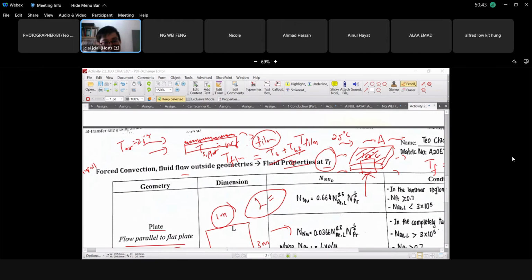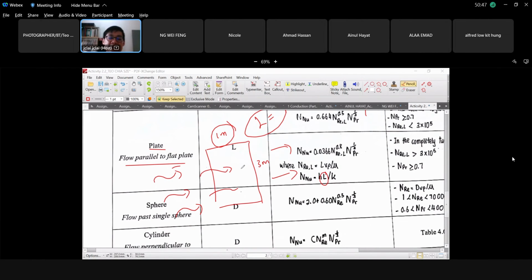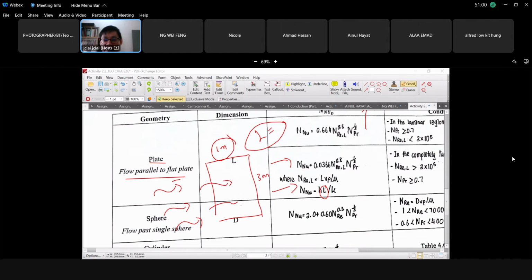But of course, if you want to maximize the heat transfer, you should change how you put this plate, right? Because you know h actually depends on L. Here you see, the bigger the L, the bigger the Nusselt number, right?